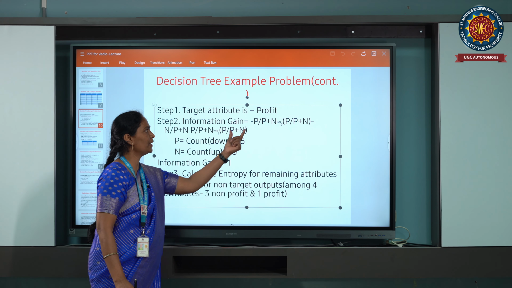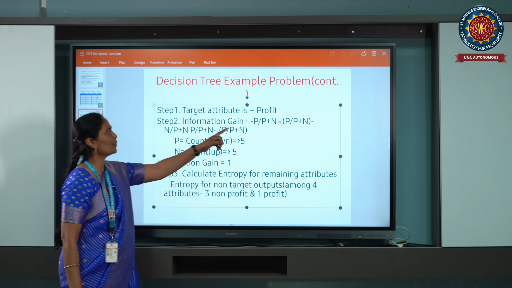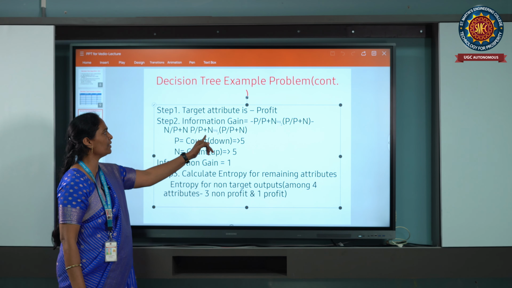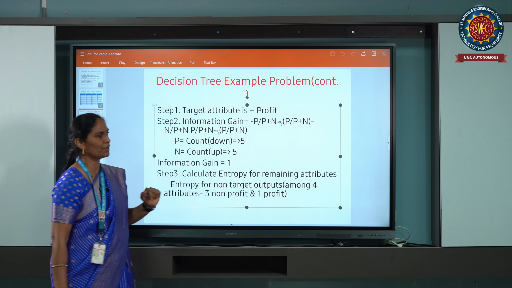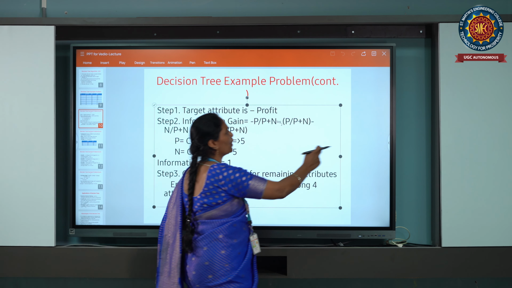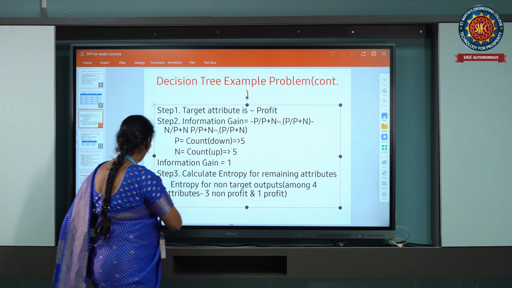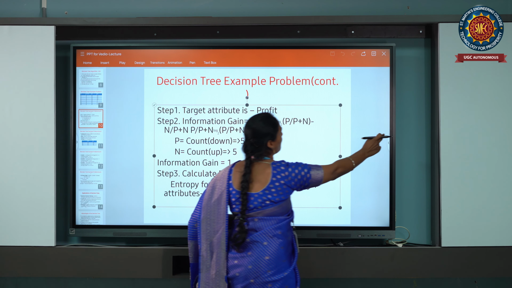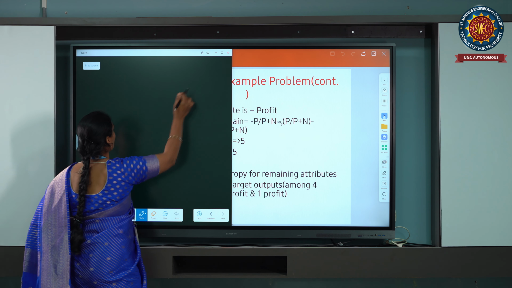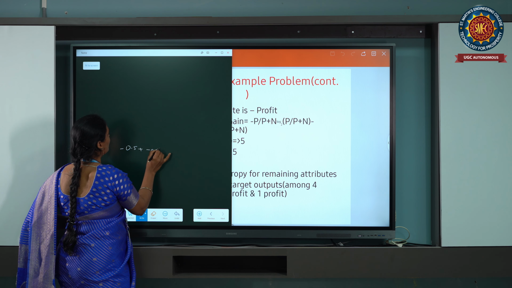So in this one we will get the information gain for calculating the data set. Here we are having the minus value for the first term and again the minus value for the second term. So both of the minus values, we will get minus 0.5 plus minus 0.5, okay, sorry.